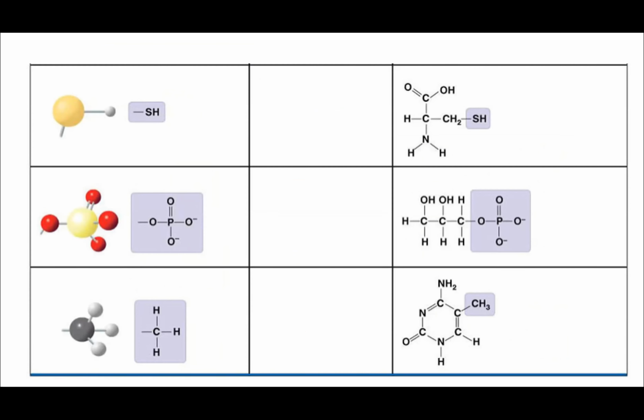Next, we have the sulfhydryl group. A sulfhydryl group contains a sulfur and a hydrogen.